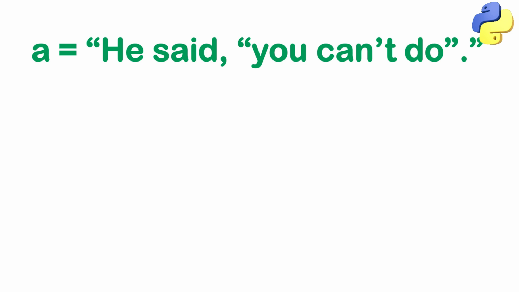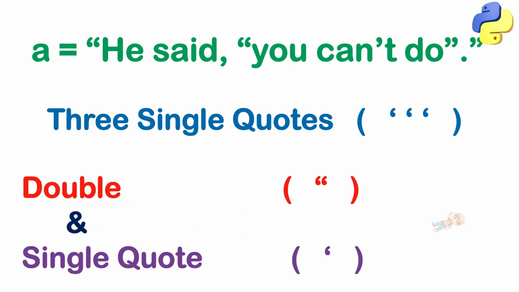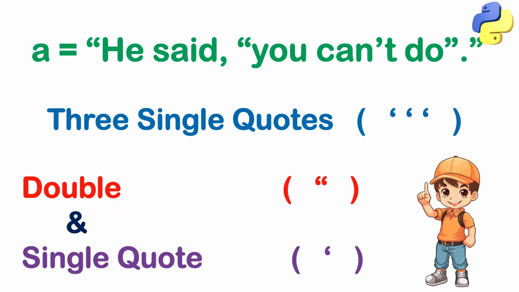The solution to this problem is a multi-line string, which we learned about earlier, using three single quotes, which allows us to combine double and single quotes in our string without causing errors. If we use three single quotes, we can put any combination of single and double quotes inside this string.